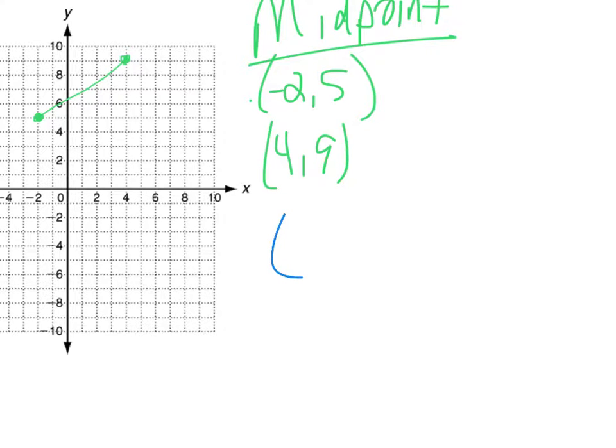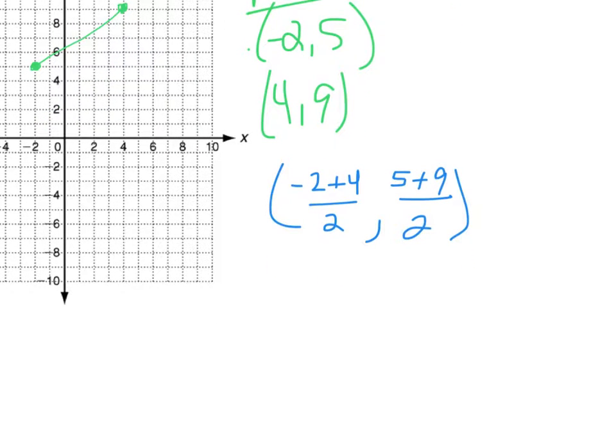So I'm going to say negative 2 plus 4 divided by 2. That's my x. And then what's my y? 5 plus 9 divided by 2. Perfect. It doesn't matter which order you put it in. You could do 9 plus 5 or 5 plus 9.